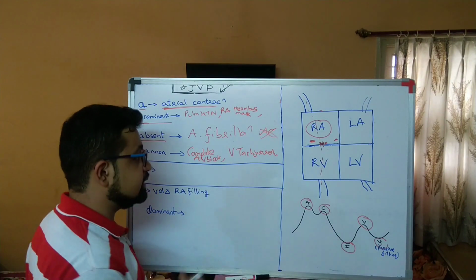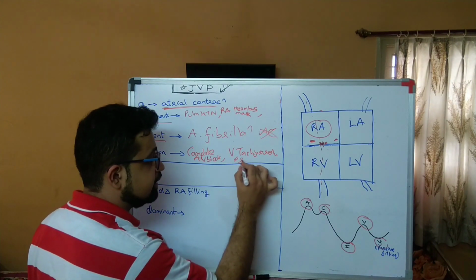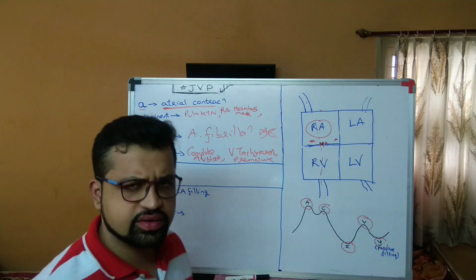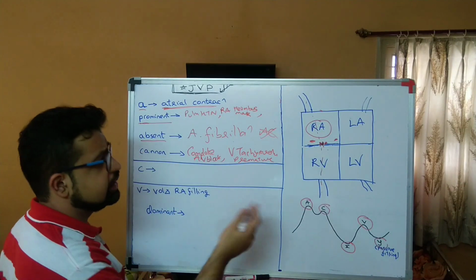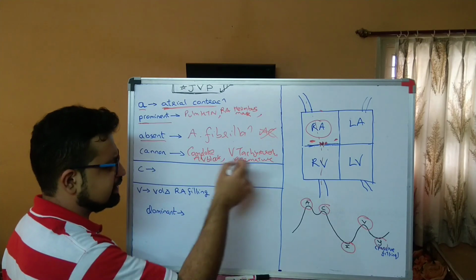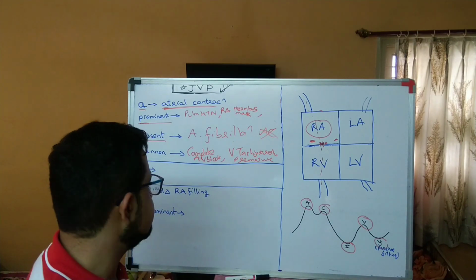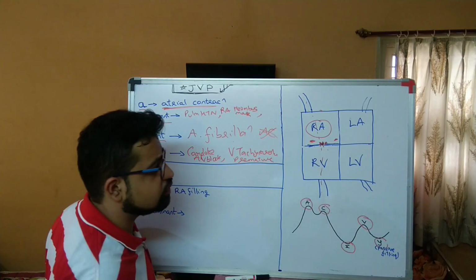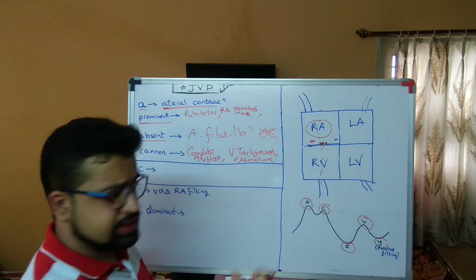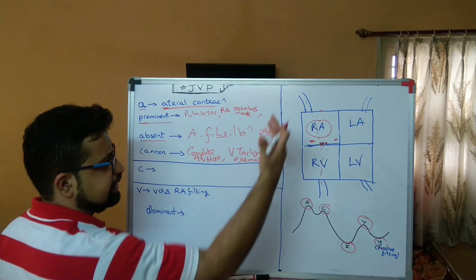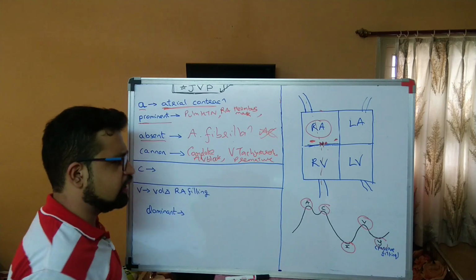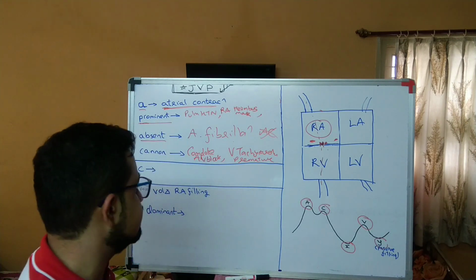You can also get Cannon A waves in premature complexes, premature atrial or junctional or ventricular complexes. In all those conditions, there are rhythm problems. These three are the classical findings. In these rhythm problems, there is atrial contraction against a closed valve. The rhythm after atrial contraction, then ventricular contraction, is lost in complete AV block, VTAC and all those premature complexes, right?